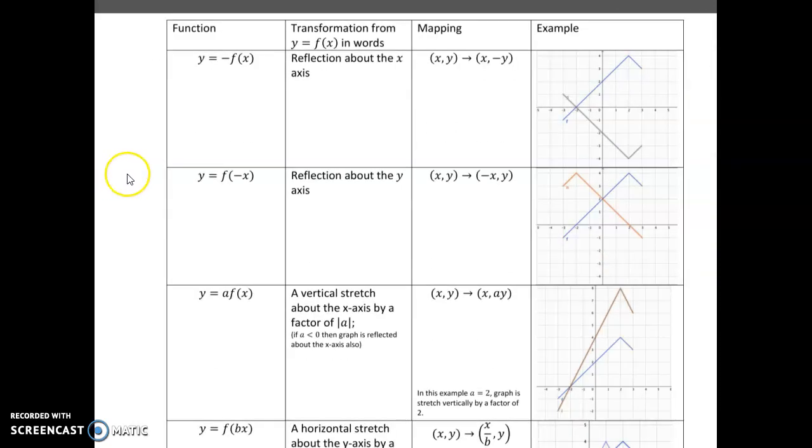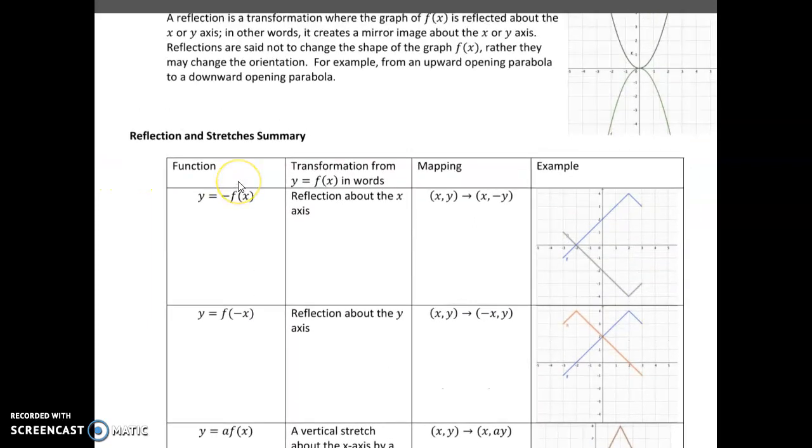Reflection and stretches summary. So, by the way, before we get started, perhaps I should write just a little bit here. Last lesson, we took f of x and changed it so it became y is equal to f of x minus h plus k.